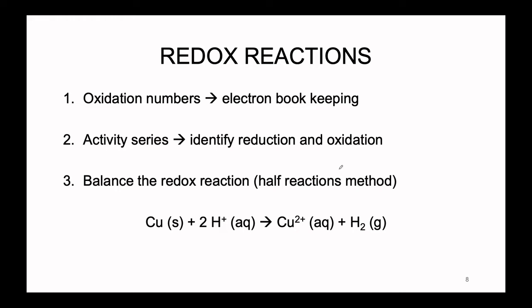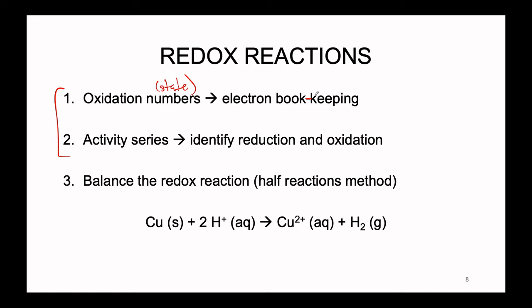When discussing redox reactions last semester, we only had time to go into these first two pieces in detail. We discussed what an oxidation number is, what an oxidation state is: a means of electron bookkeeping. You can even put a hyphen in there, electron-bookkeeping.